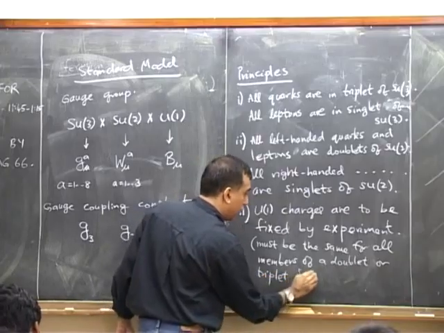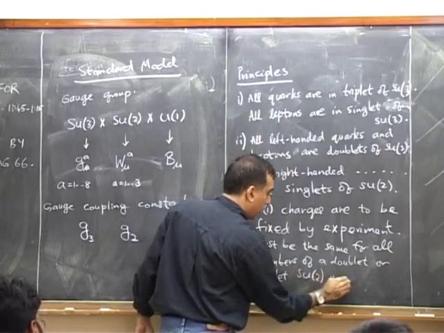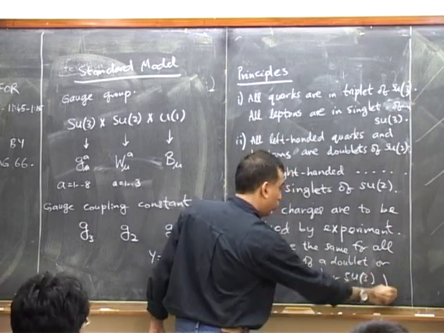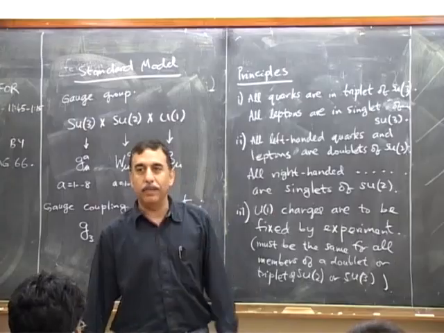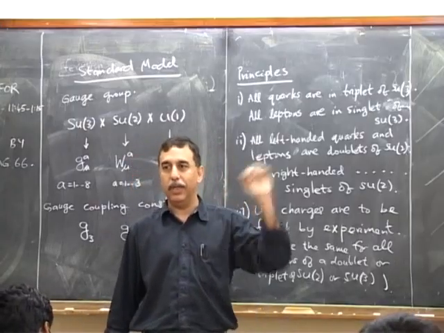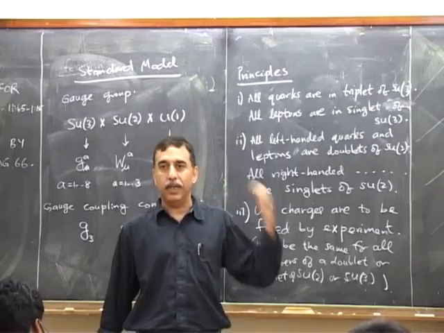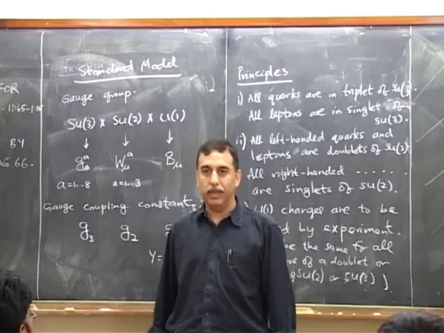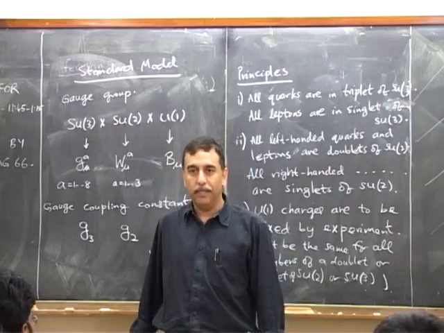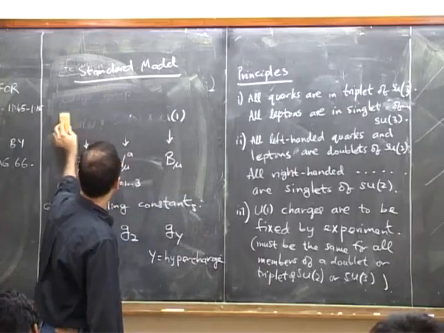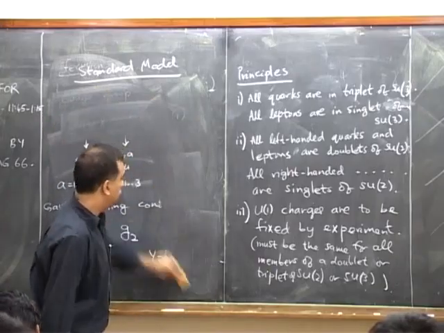That is, if something is in a triplet of SU(2) or a triplet of SU(3) or a doublet of SU(2), then all of them must have the same hypercharge. Okay, we can't say that one of the triplet has one hypercharge and the other doesn't, because then hypercharge will fail to commute with that symmetry and will break one or other of those symmetries. Okay, is that clear?